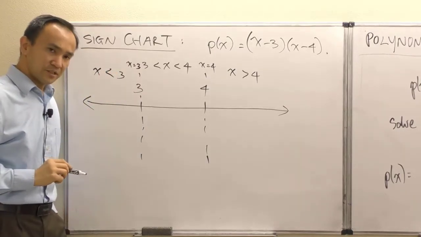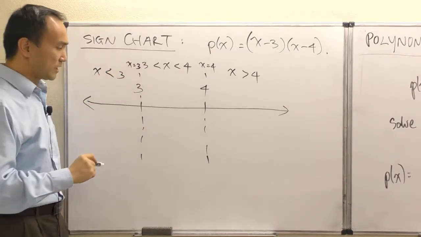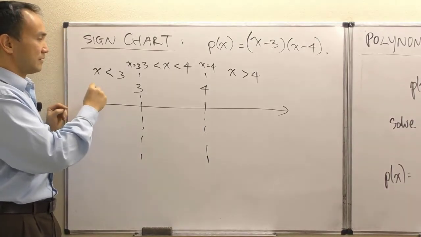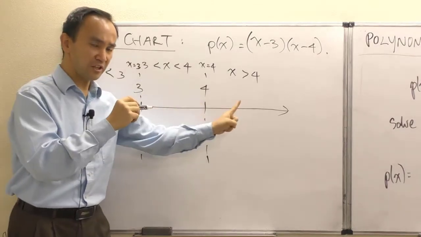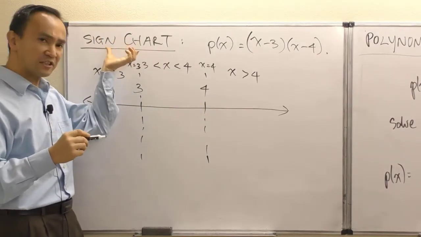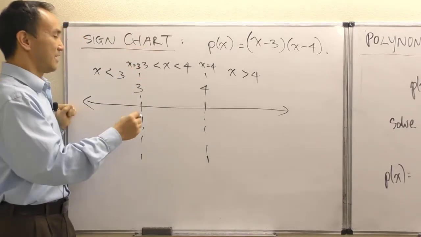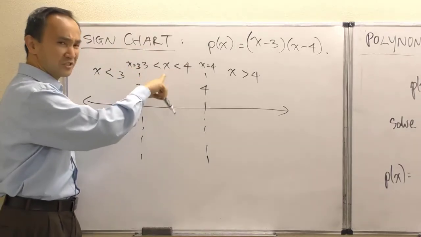All right, and so now I am going to do the following. On each interval, I'm going to check the sign, and that's why it's called a sign chart. So this is how I'm doing it. I'm going to pick a value.